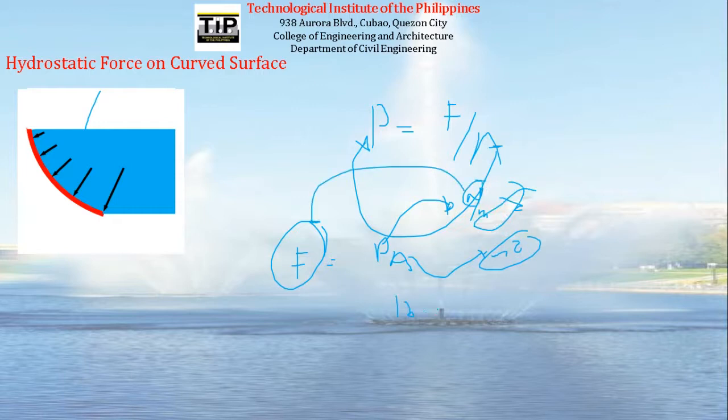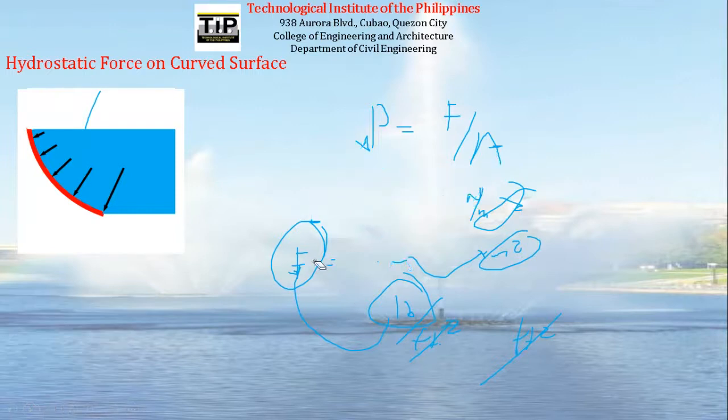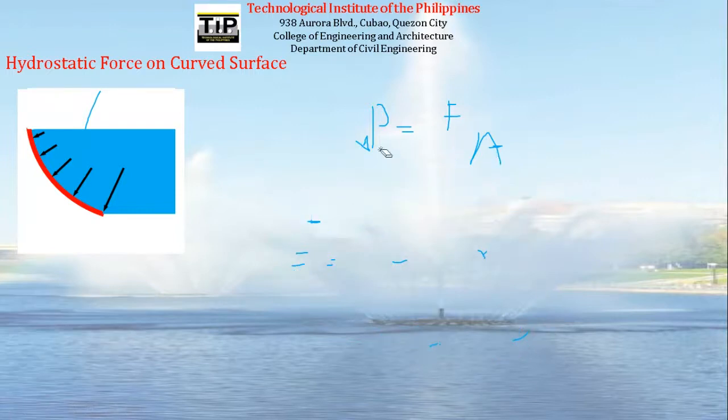Or in English units, pound per square foot times square foot, which will cancel out, leaving pounds as the unit of force. That's beside the point, so let's get back to the figure. This curved surface is acted upon by the pressure due to water.